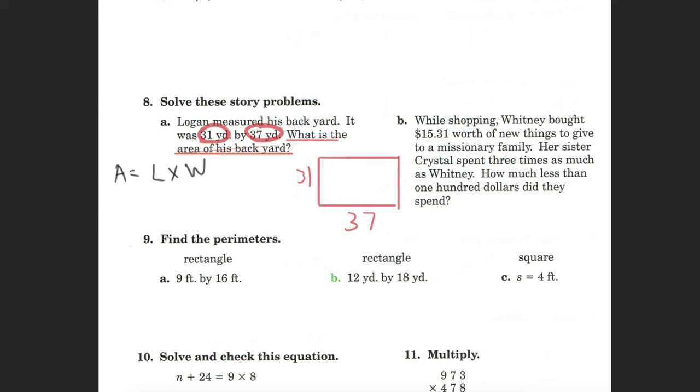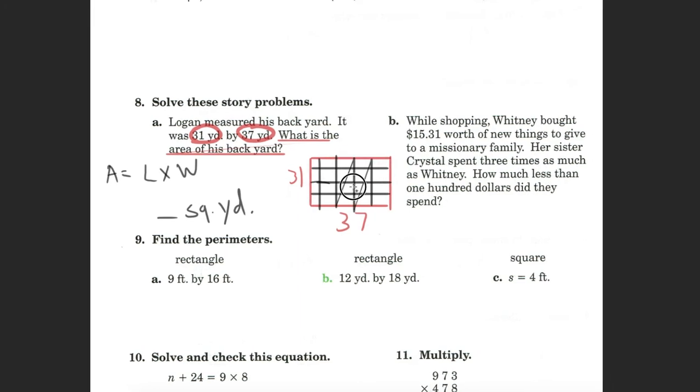And that will give us how many square yards. So our answer would be in square yards, telling us how many squares of 1 yard by 1 yard he would need, grass, I guess, in order to cover his backyard.